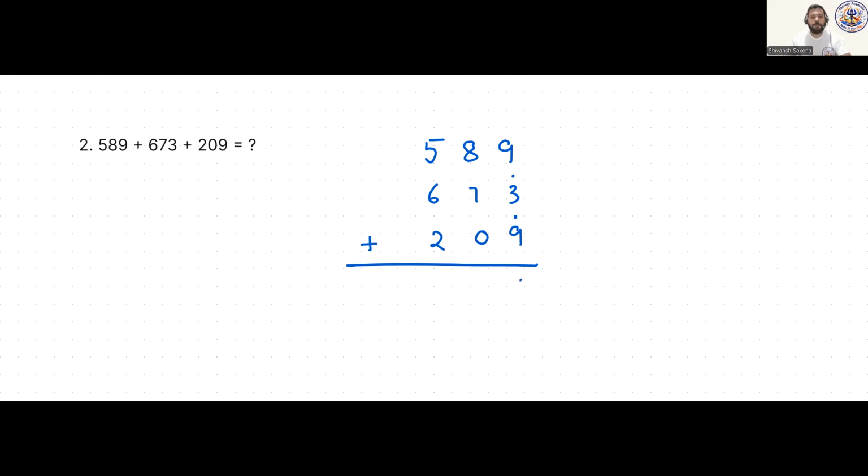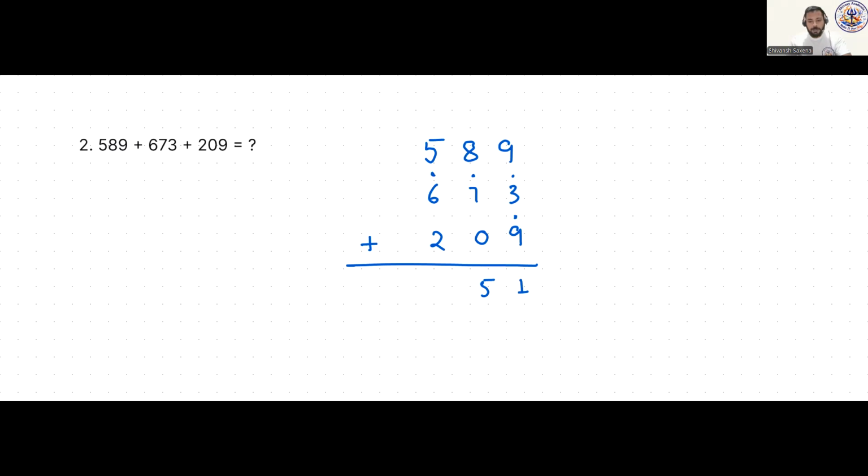Coming to the next column. 8 add 7 is 15. Greater than 10. I put the dot, taking the excess part, that is 5. 5 add 0, 5. Coming to the next column, 5 add 6 is 11. Greater than 10. Put a dot, excess of 11, 1. 1 plus 2 is 3.